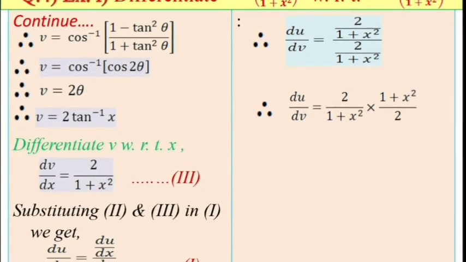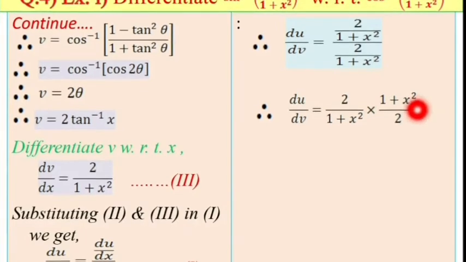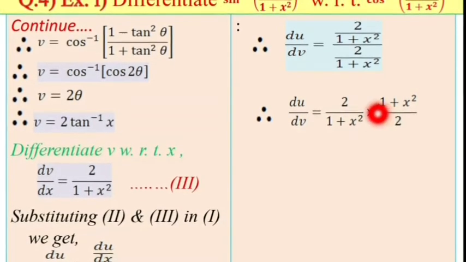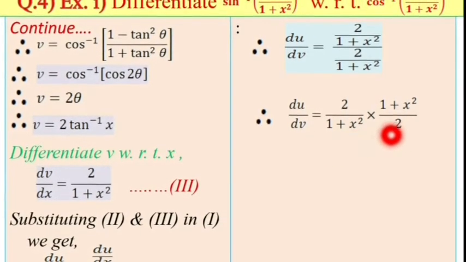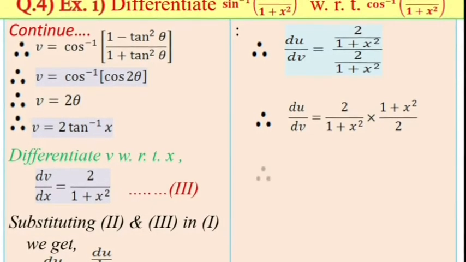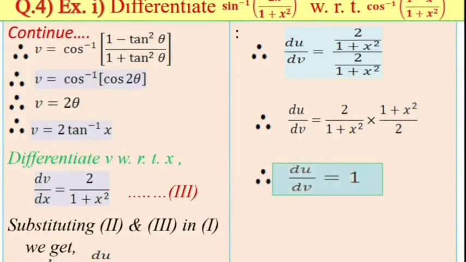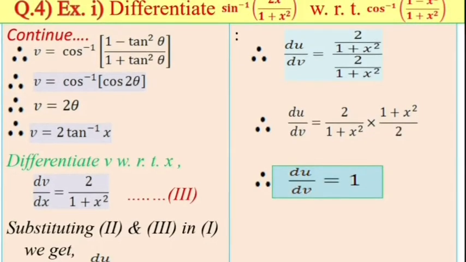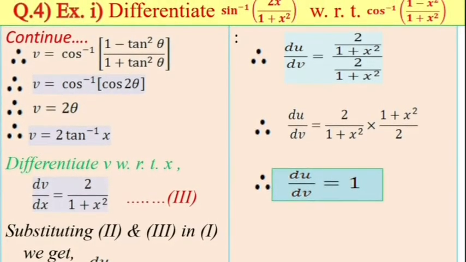Simplifying, 2 and 2 cancel, and 1 plus x square cancels, only 1 remains, and therefore du by dv equals 1.